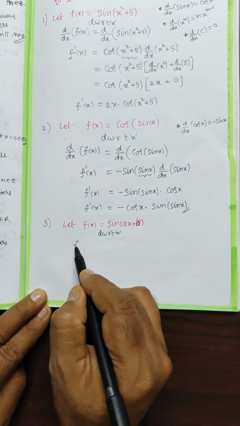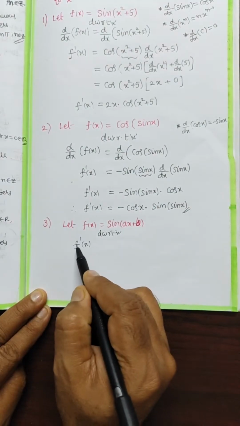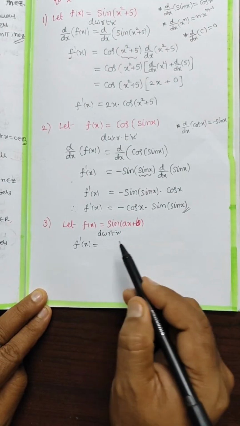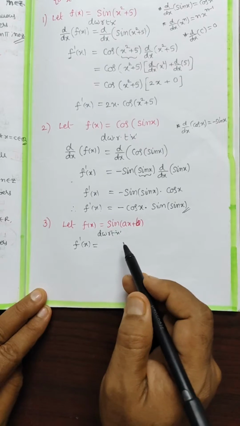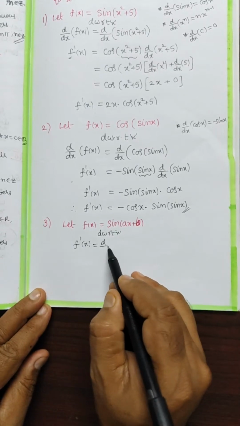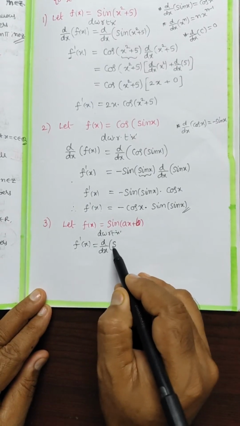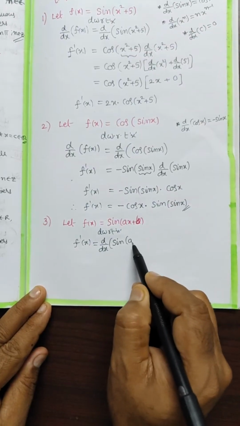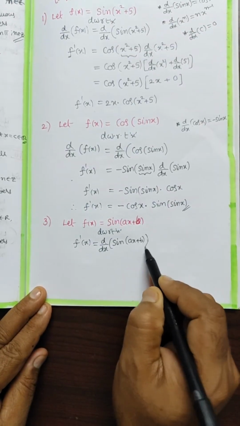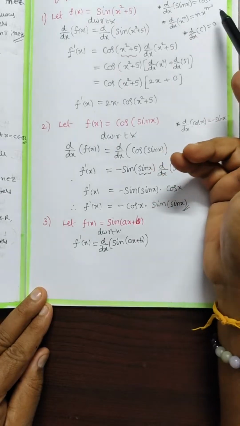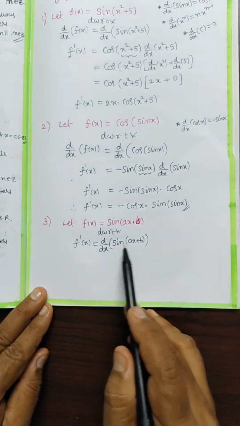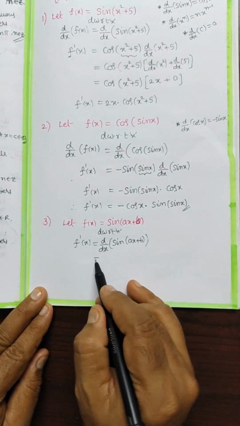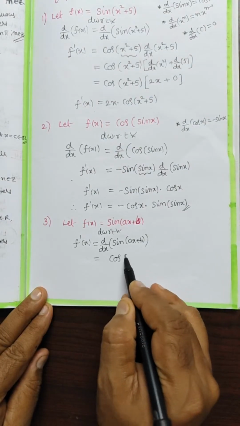So f of x derivative, f dash of x. Directly I am writing, dear students, d by dx of sine of ax plus b. Previously, d by dx of sine x meant cos x, we wrote. d by dx of sine of ax plus b will become cos of ax plus b.